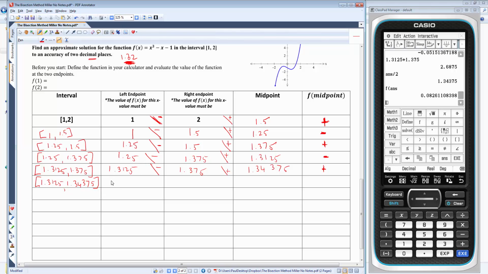Okay, now we know that 1.3125 turned out to be negative, and 1.34375 was positive. Again, we need this check to make sure that we are in the right spot. Now what we're going to do is again calculate the midpoint. So as much as possible, use stuff that you've already typed into the calculator, because it saves you from maybe doing a data entry error.